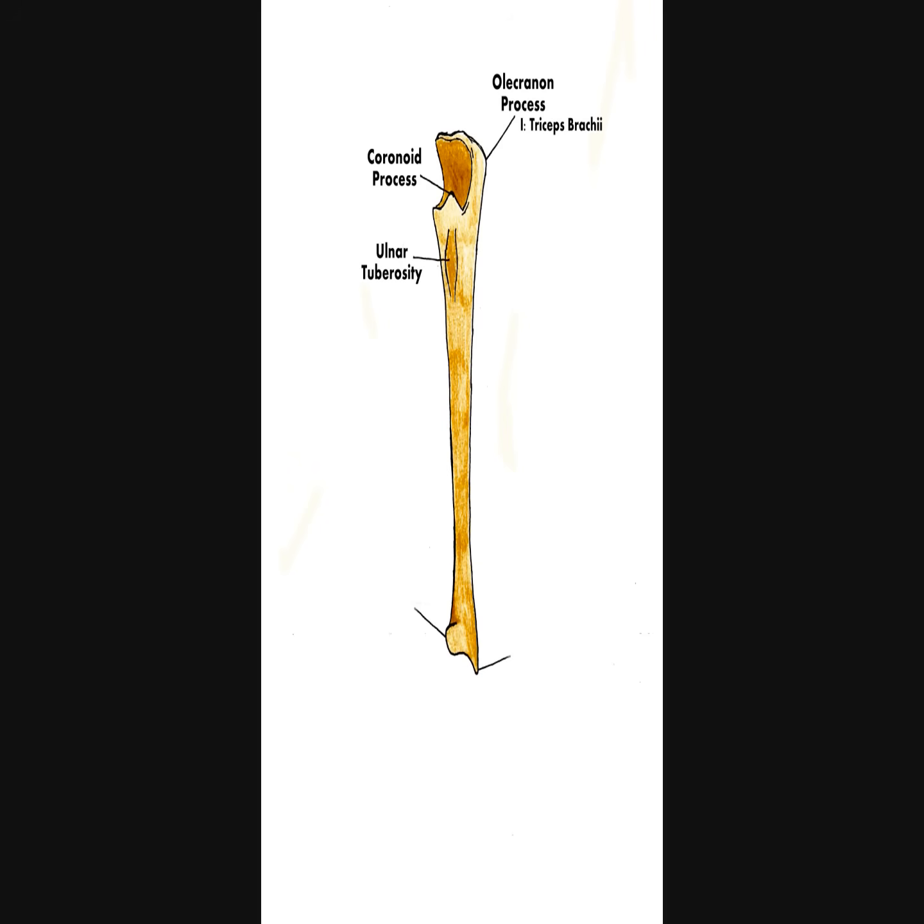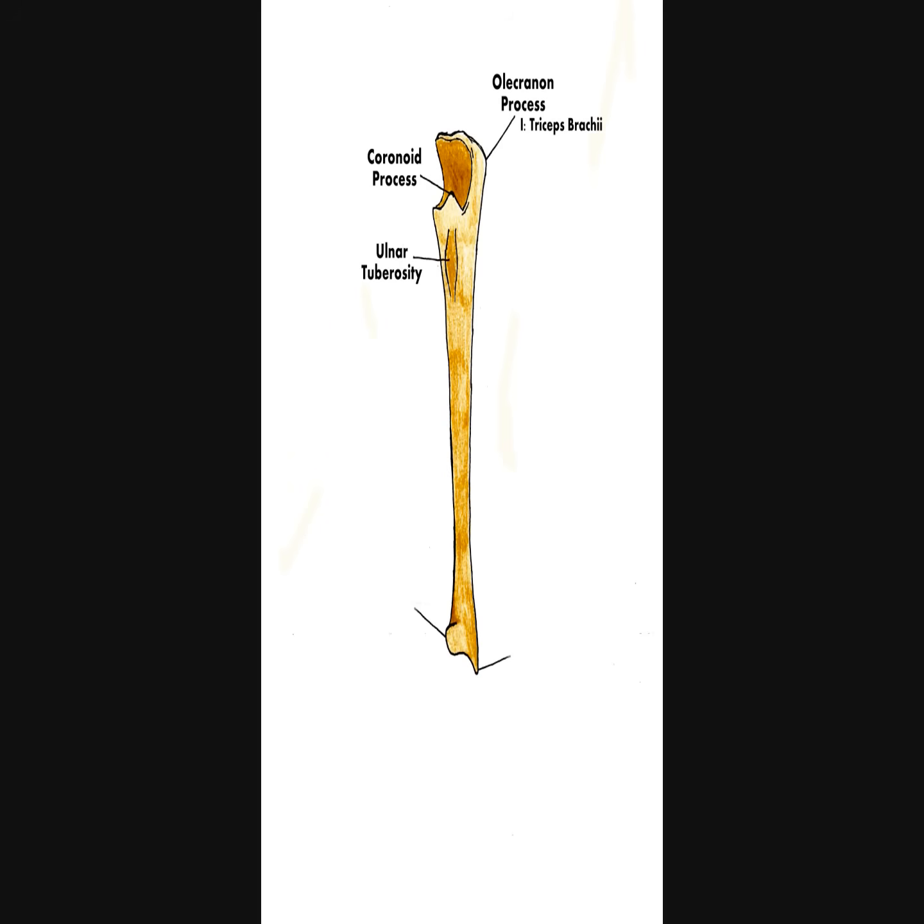Now we have one muscle that inserts onto both the coronoid process and the ulnar tuberosity. This muscle is the strongest flexor of the elbow. Now, a lot of people think elbow flexion has to be biceps brachii, but just remember, we already got the insertion of biceps brachii on the radial tuberosity.